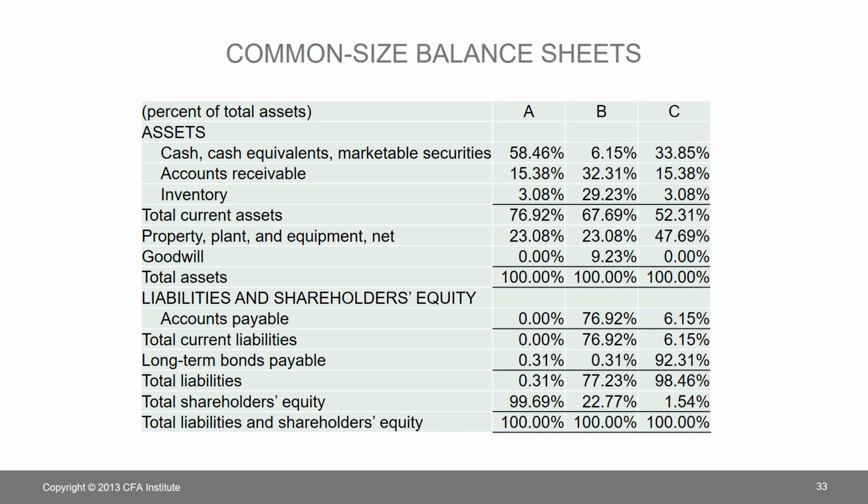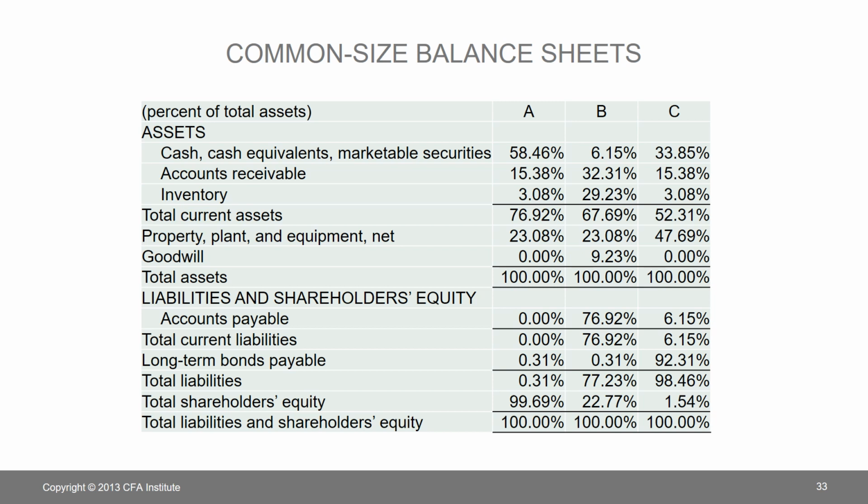Most of the assets of company A and B are current assets. However, company A has nearly 60% of its total assets in cash and short-term marketable securities, whereas company B has only 6% of its assets in cash and marketable securities.